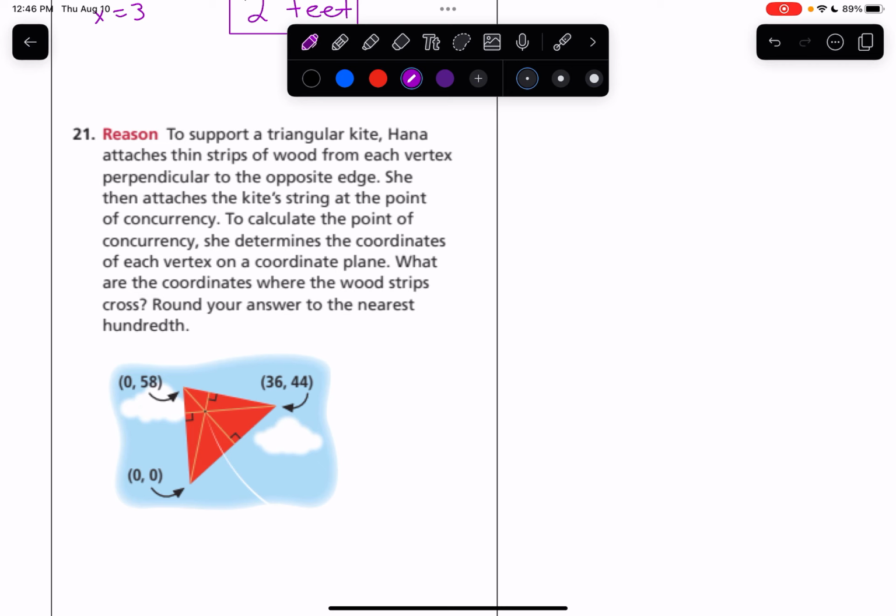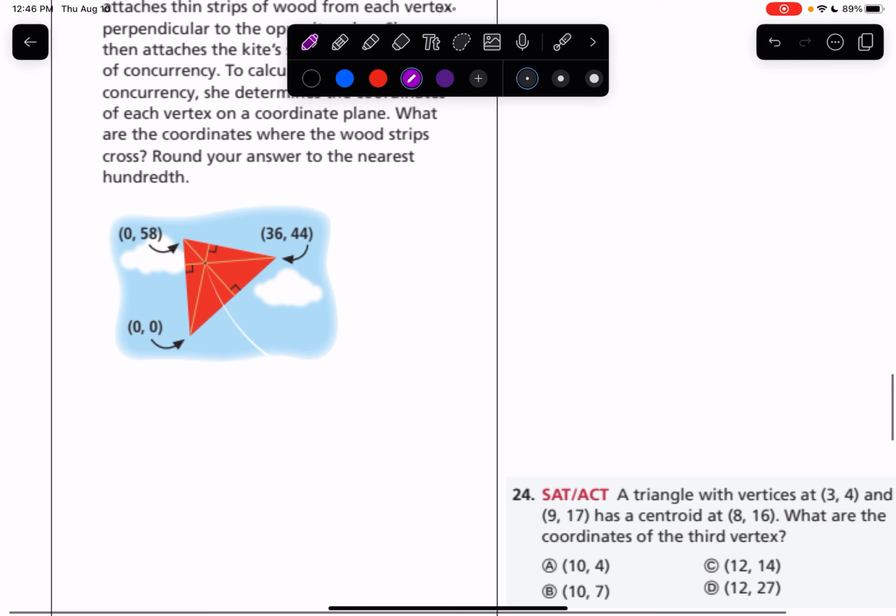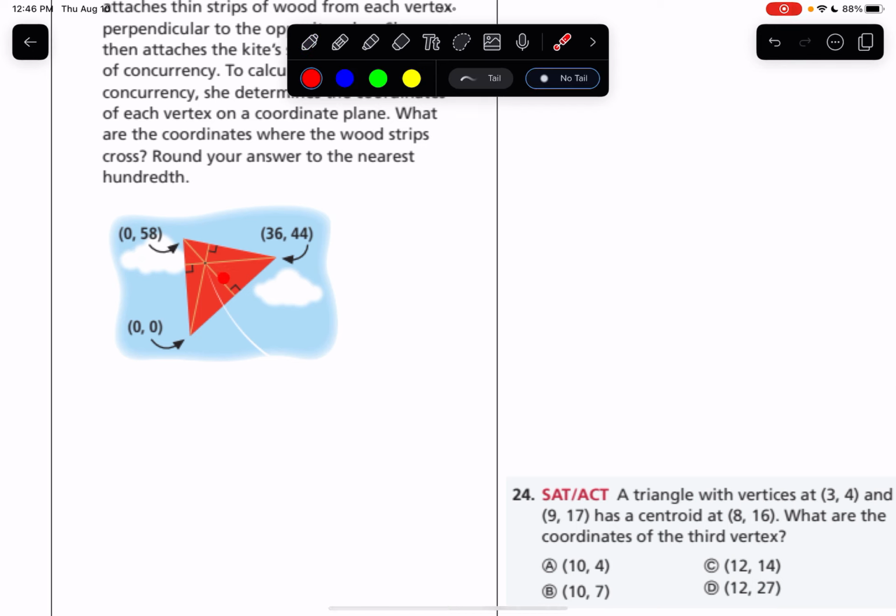All right, so when we have this, we are finding the orthocenter, right? Because we have these opposite vertices that are coming at a right angle, but not necessarily at the midpoint. So these are altitudes. So we want to find out where our altitudes connect.